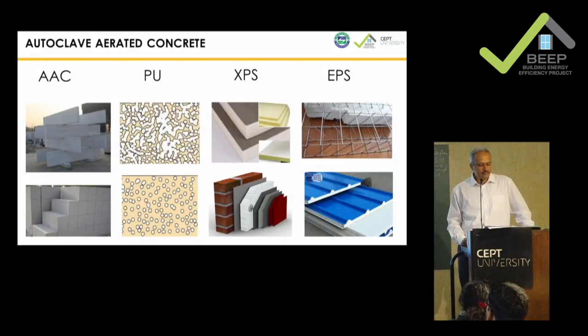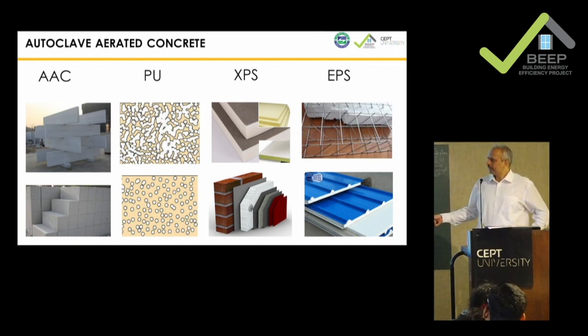Then you have aerated concrete blocks or autoclaved aerated concrete blocks, AAC. You have polyurethane, whether it's closed cell or open cell. You have expanded polystyrene and you have extruded polystyrene. All of these are generally in sheet form.